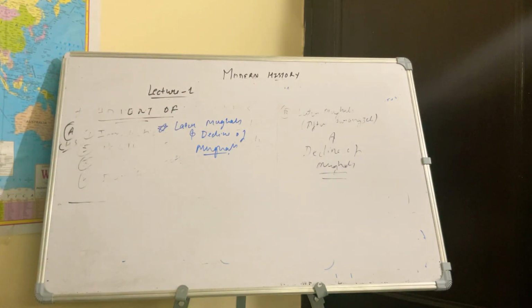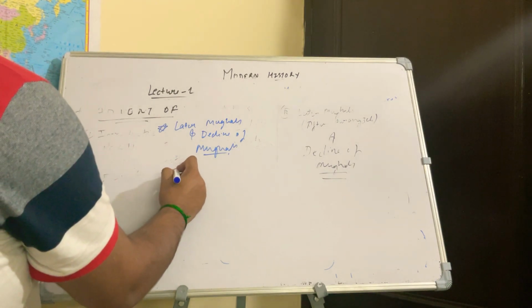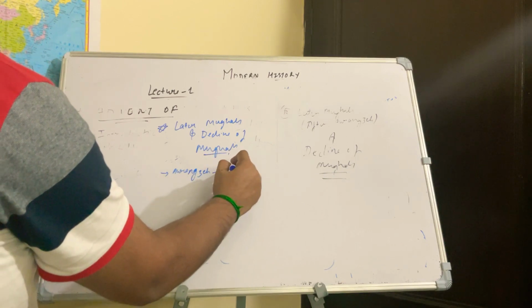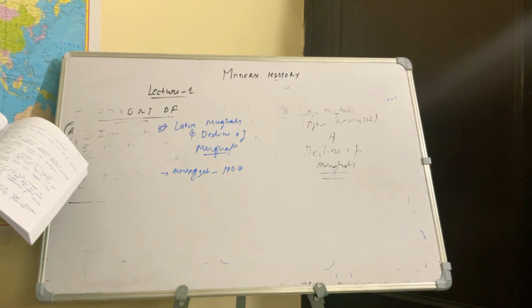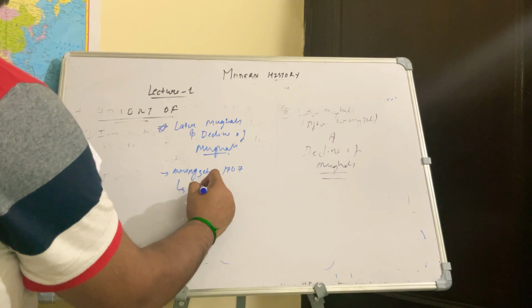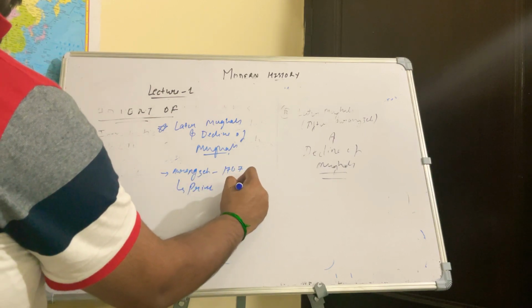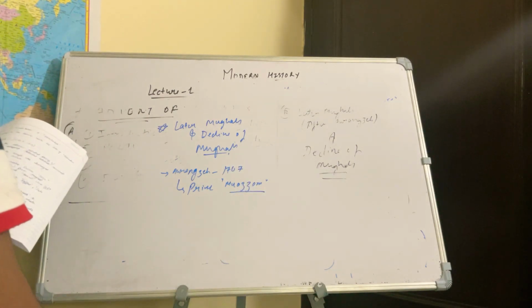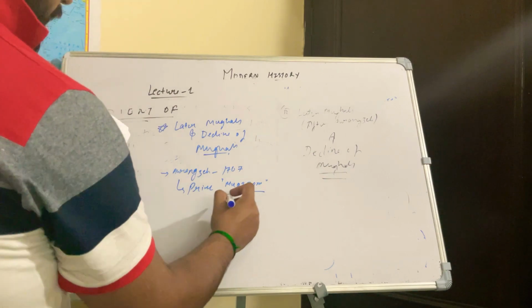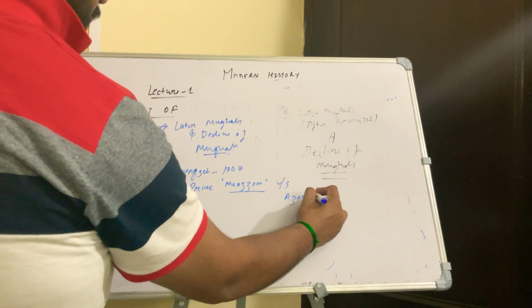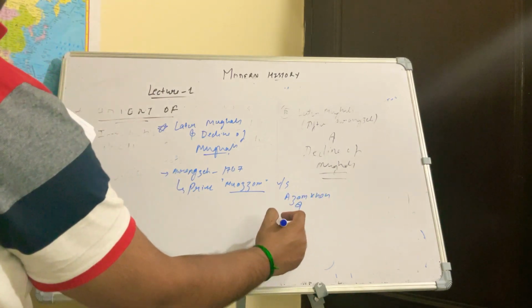In this very first point, please write: after the death of Aurangzeb in 1707, a war of succession started among his sons, in which Prince Muazzam defeated and killed his brothers Azam Khan and Kambaksh.